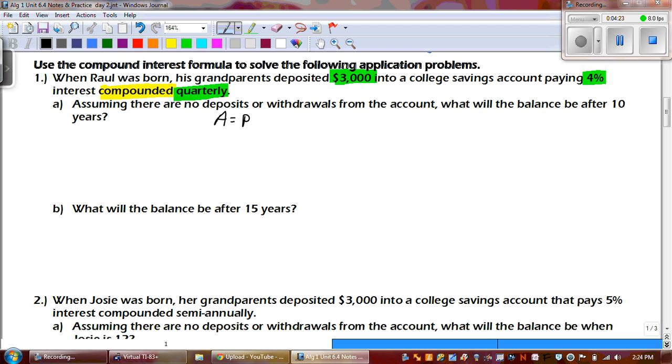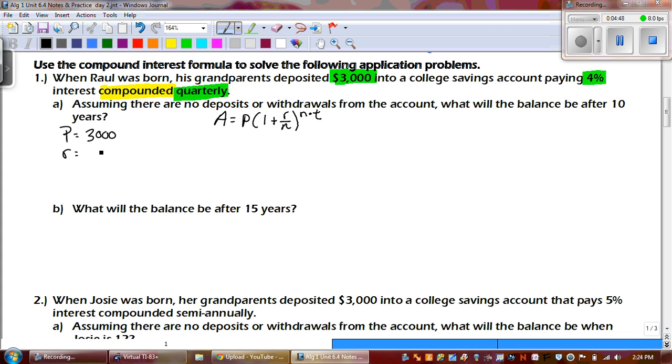Okay, so I think it's good that we just start by writing the formula. A equals P times (1 plus your rate divided by N) to the N times T. That's what NT at the very top means. Okay, so P, principal, how much did we start with? $3,000.